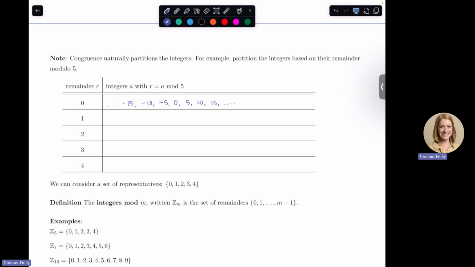Okay, so what kinds of things would have a remainder of 1 mod 5? 1, 6, 11, 16, negative 4, negative 9, negative 14.